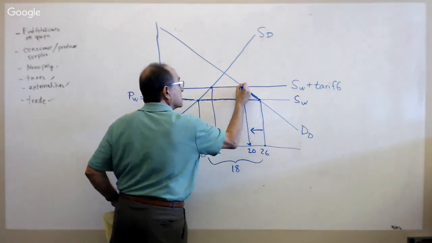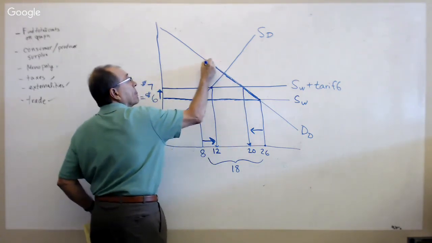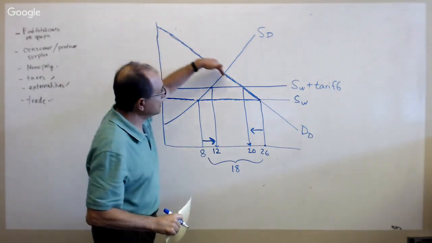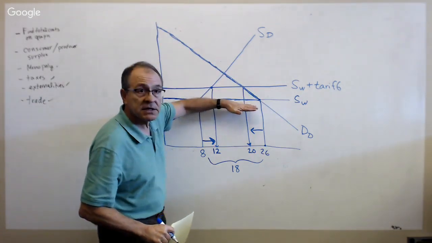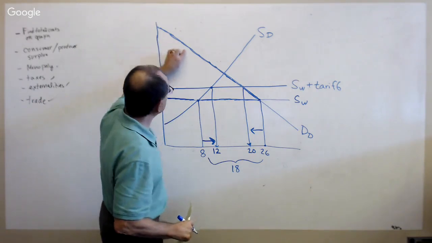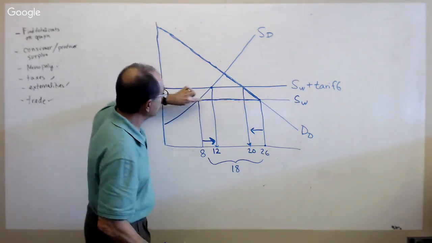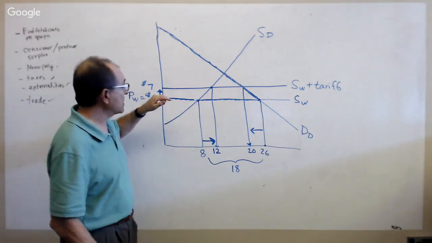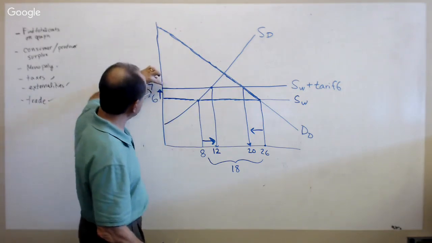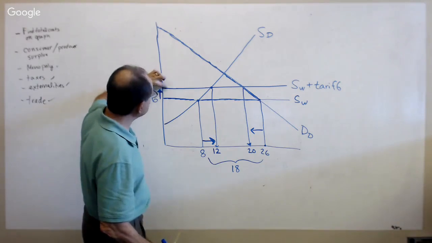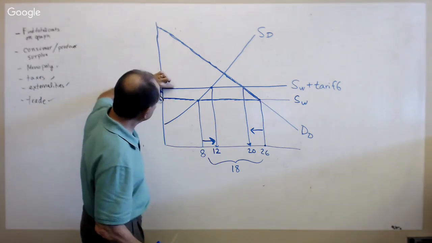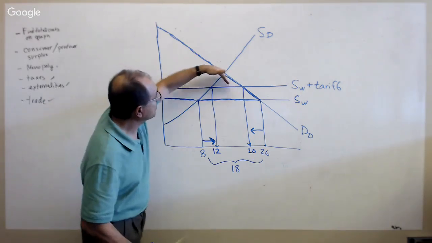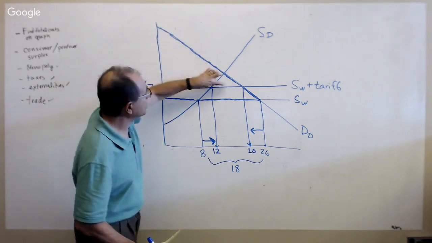So I'm going to make this a little bit darker so you can see that. So consumer surplus would have been represented by this triangle. Now, as a result of the tariff, and because consumers are paying a higher price, consumer surplus has shrunk to the area above the price that they're actually paying now, but below the demand curve, to this smaller triangle.